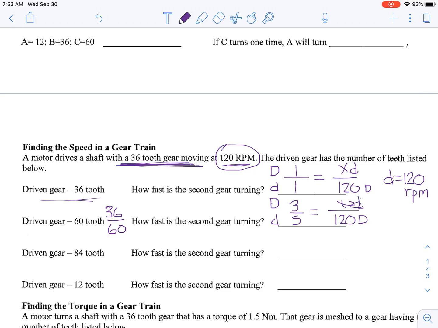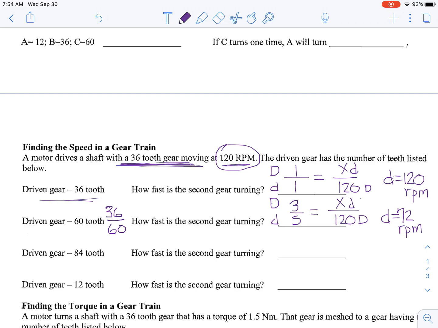And we don't know that part up there. We don't know how many times the driven gear will move. So we cross multiply 3 times 120 divided by 5. And we find out that the driven gear will move at a rate of 72 RPMs.